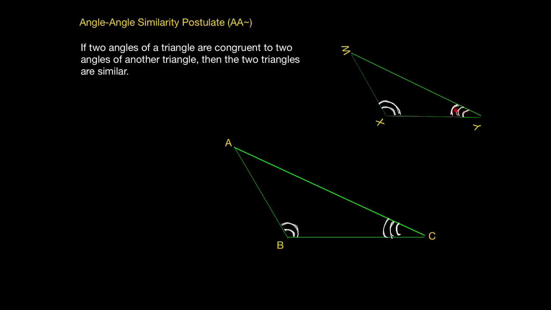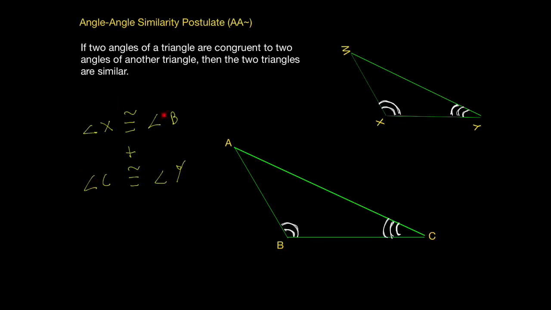These 3 tick marks on Y and then these 3 tick marks on C tell the reader that they have the same measurement. The same thing for B and X. So in this example, we have that angle X is congruent to angle B, plus we have angle C congruent to angle Y.